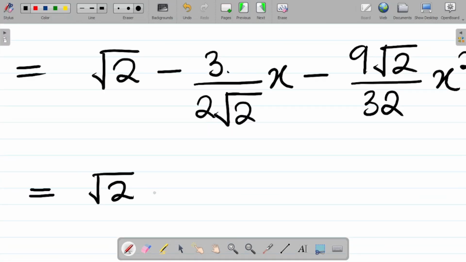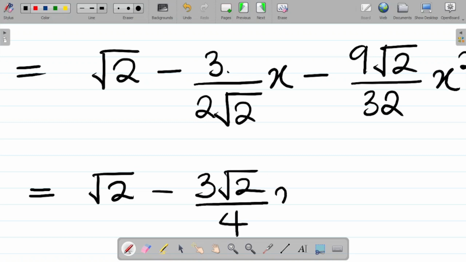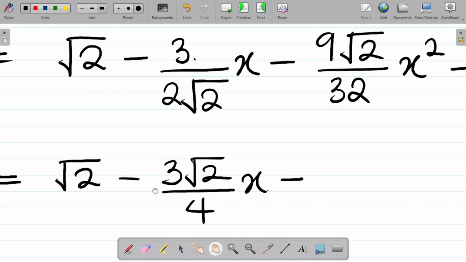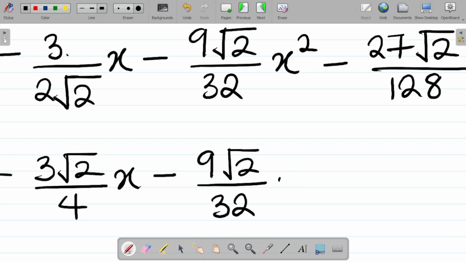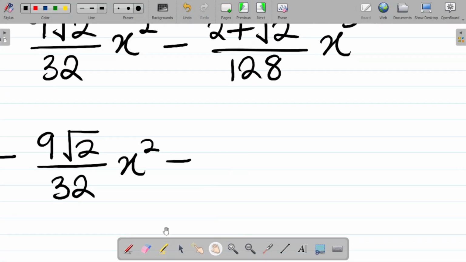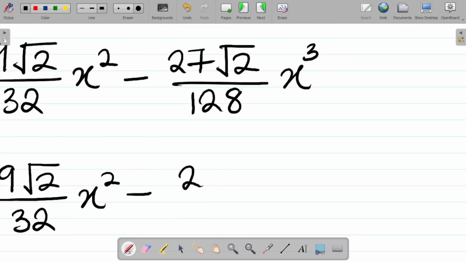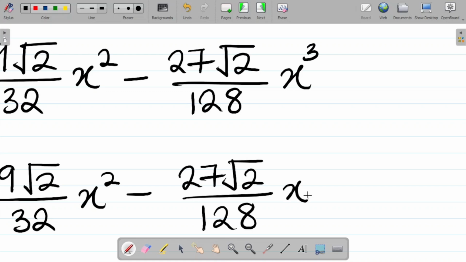That becomes minus 3 root 2 all over 4. That's a proper way of writing this, into x minus, what I have next is 9 root 2 all over 32 into x squared minus, you now have this as 27 root 2 all over 128 into x cubed.